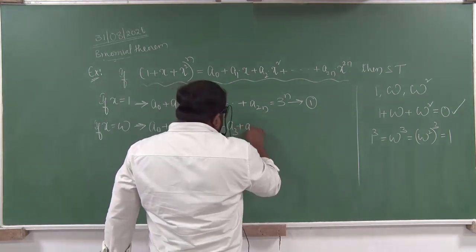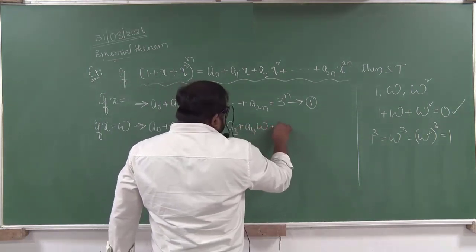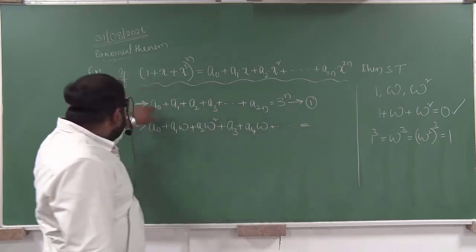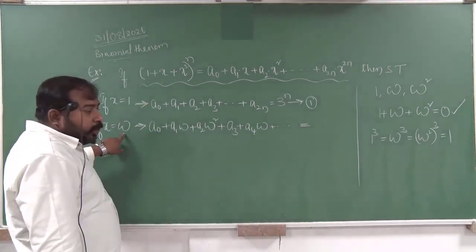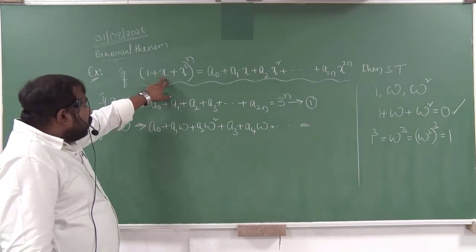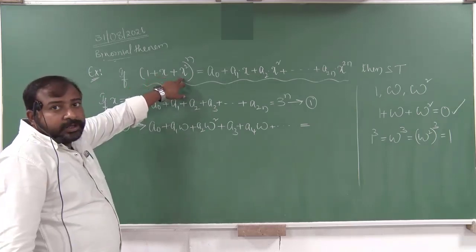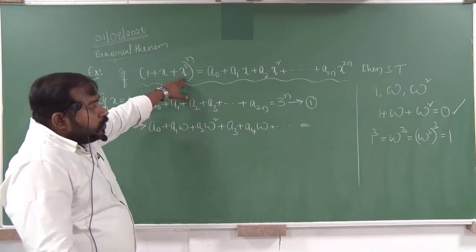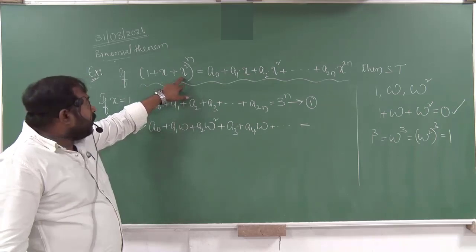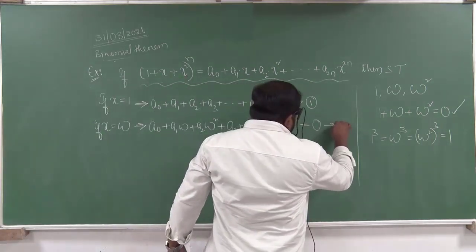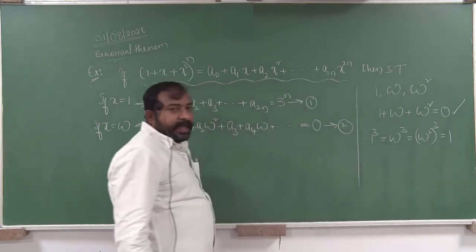Plus a4 again omega you will get, plus so on, equal to. What about this value here? If you replace x is equal to omega, it is (1 plus omega square) whole power n. What is 1 plus omega square value? 1 plus omega square equal to 0. So here the value you will get is 0. This is equation number 2.